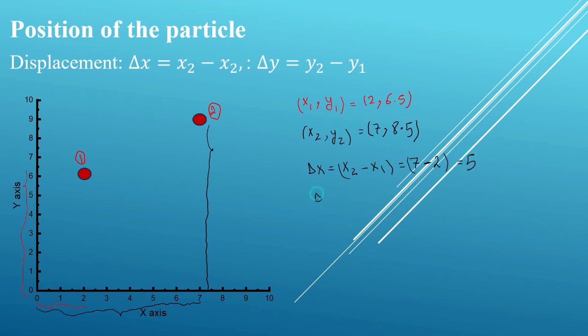And then delta y is y2, which is 8.5, minus 6.5, which is equal to 2. So delta x and delta y are 5 and 2. So I know how much my particle has moved.